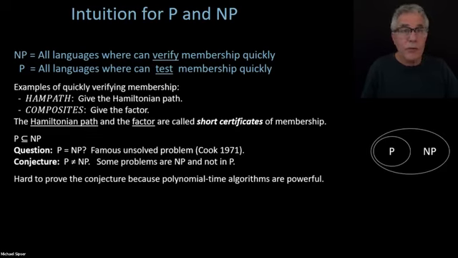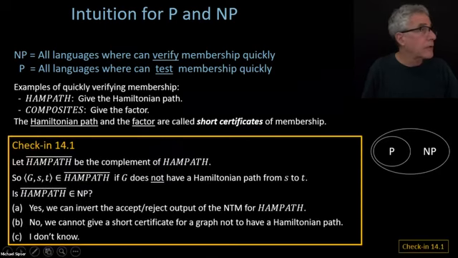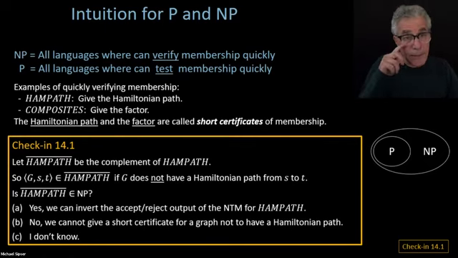So what I thought we would do is, I think I have a check-in here. Yes. And then we'll stop for a break. So let's look at the complementary problem, ham path complement. So you're in the language now if you don't have a path.